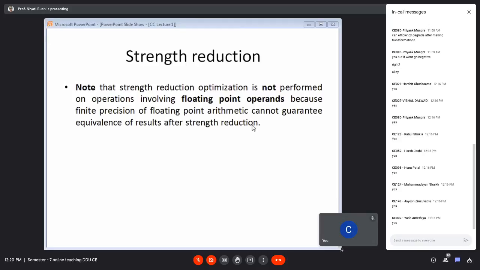If floating point operands are there, then strength reduction cannot be done, because the finite precision of floating point arithmetic cannot guarantee equivalence of the results after strength reduction. So if it is a floating point operand, we will not perform it.